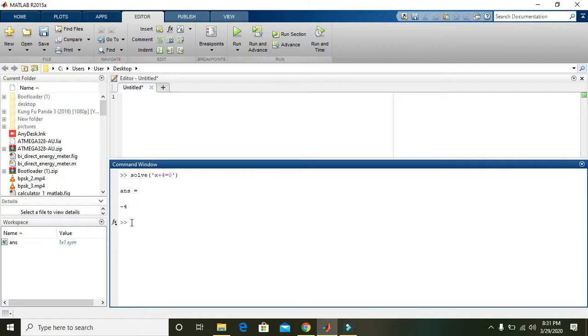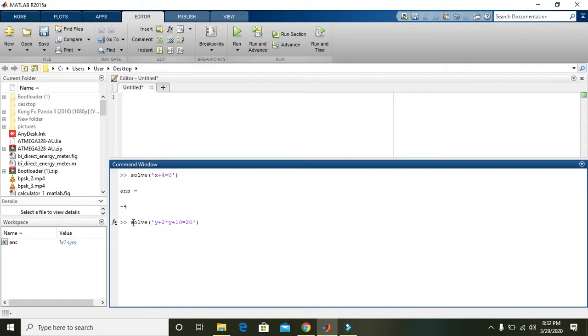So you can solve some other algebraic equation like, you can write x, or you can use y plus 2y plus 10 is equal to 20.